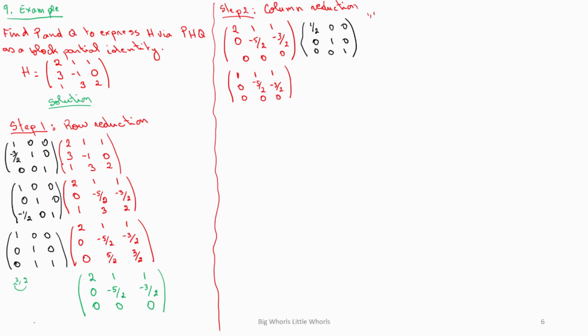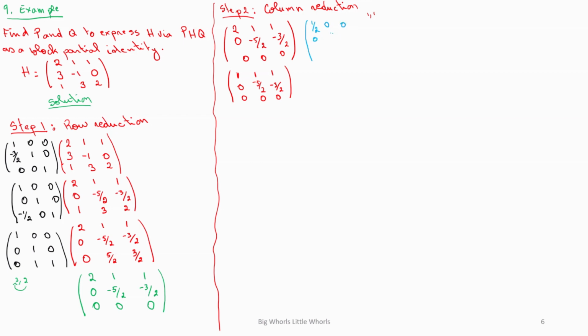Okay, so the next step is, maybe instead of black I should use a different color for the column reductions. Okay, so here let me use this color to make things better. So we multiply by a half. Okay, so we want to work on the columns.